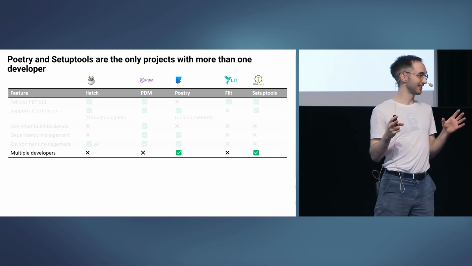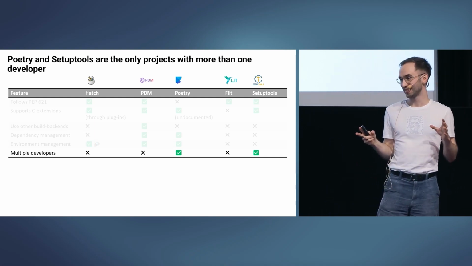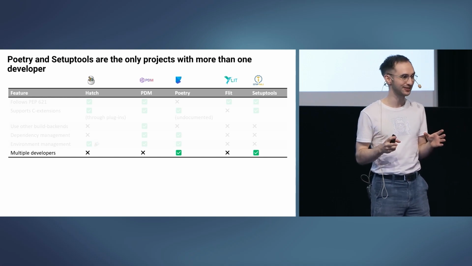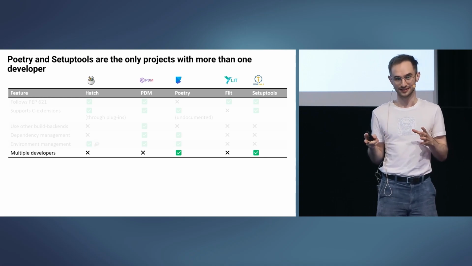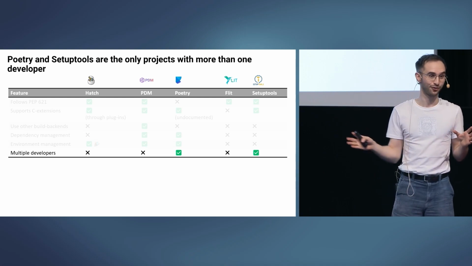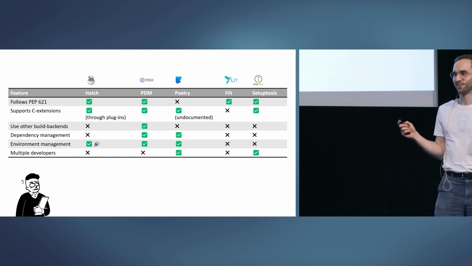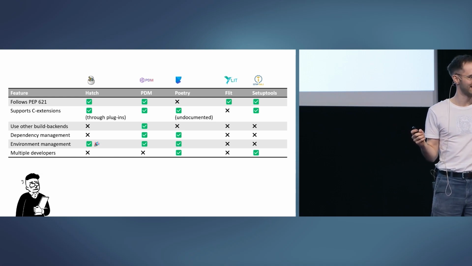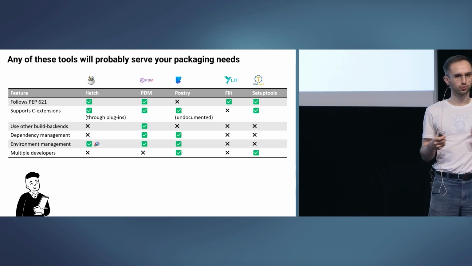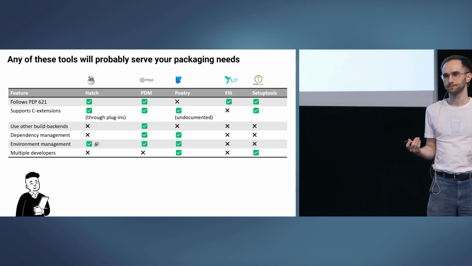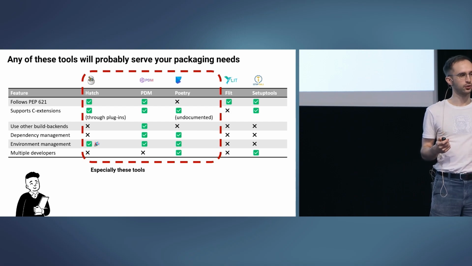Now, this is just the set of features that I thought was the most interesting for most of you in most use cases. But there's a lot of other things to cover as well. And you might think, oh boy, what should I use? Pretty much any of these tools will serve your need, especially if you're using one of the more modern tools.